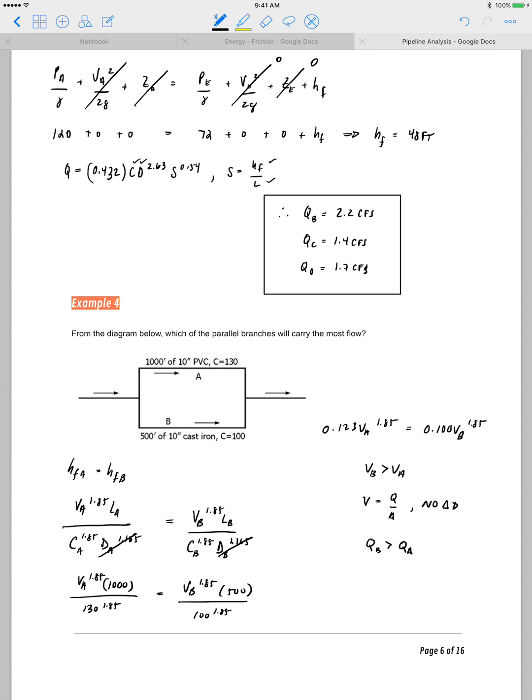From the diagram below, which of the parallel branches will carry most of the flow? B. Leg B will carry most of the flow.